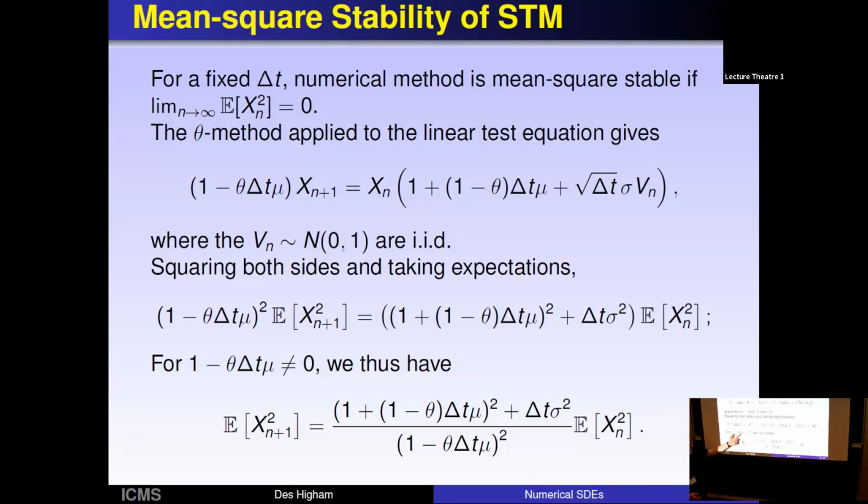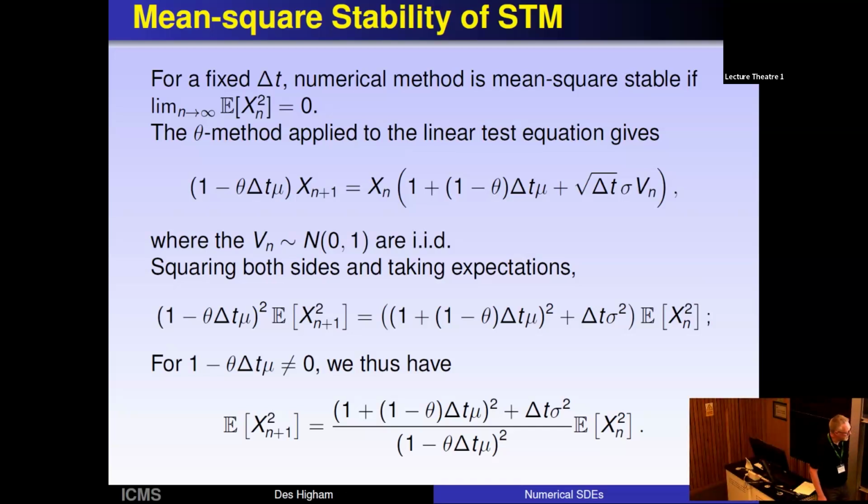If this factor is not equal to 0, and that will be true if delta t is small enough and you have a stable problem, then we can divide through. So we get this simple one-step recurrence for the way that the mean square numerical solution is behaving. Okay.